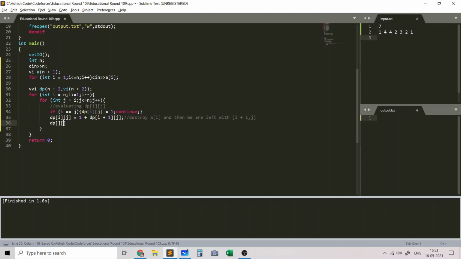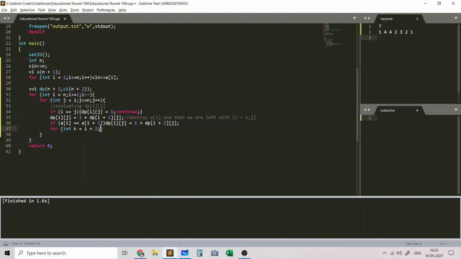In the second case we would be able to destroy ai and ai plus 1 only if they are equal, and in that case we would get dp of I plus 2 j left, because we destroy ai and ai plus 1.